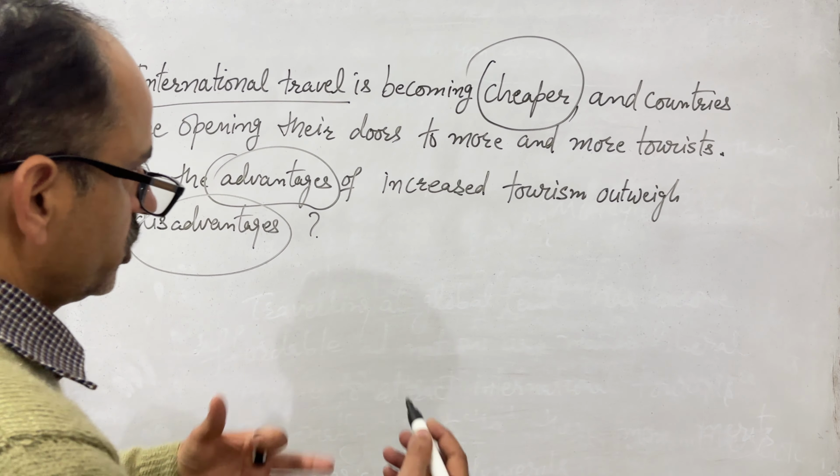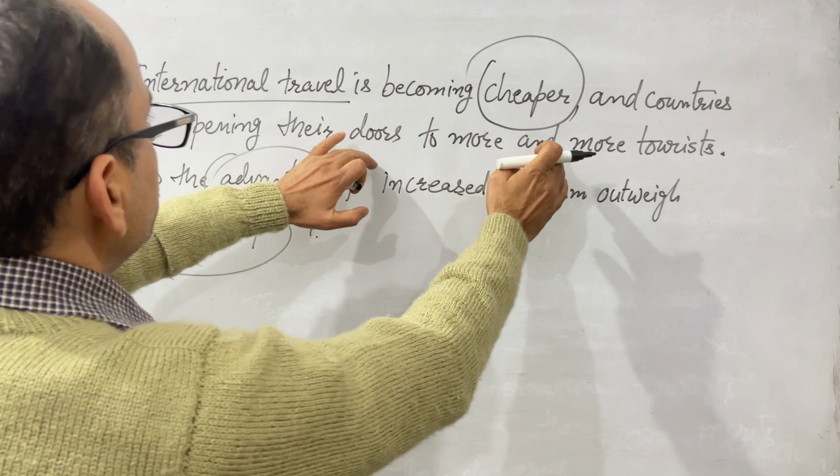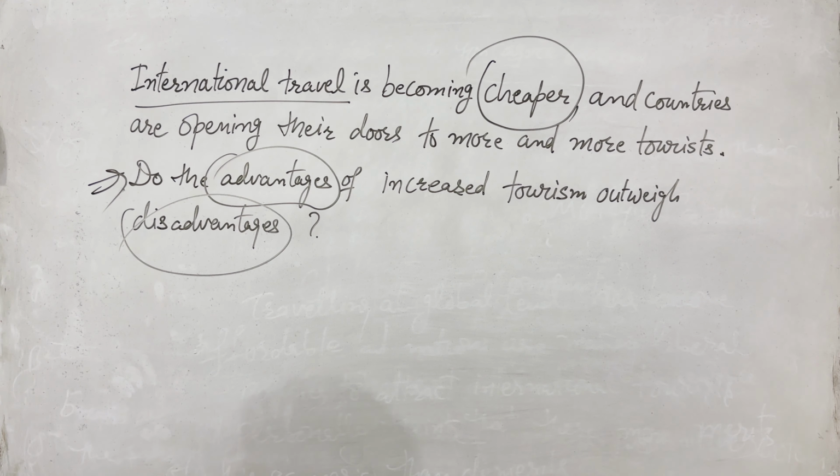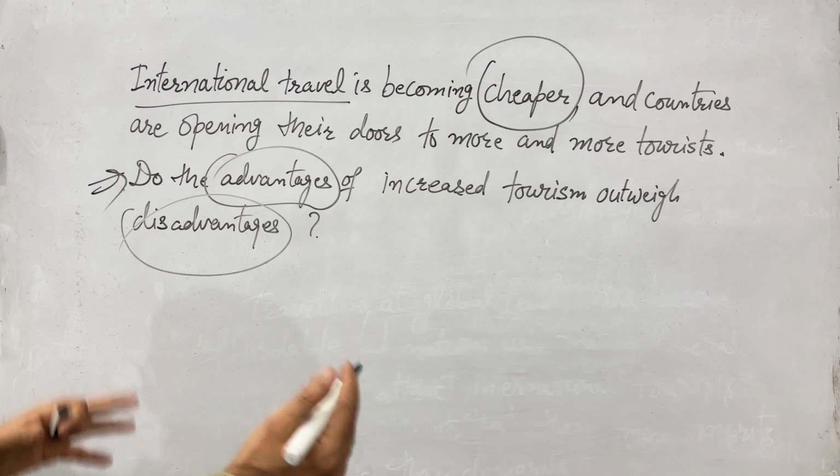So now how can I change the structure? Second part I write first and first part I write second. So countries are opening their doors to more and more tourists. International travel is becoming cheaper. So how this can be done?